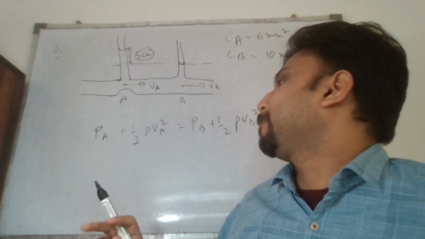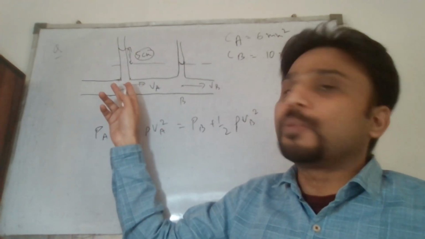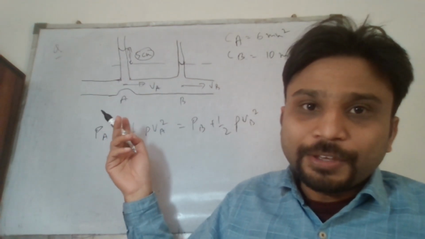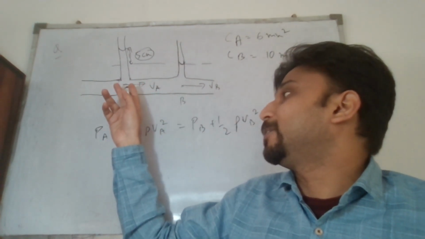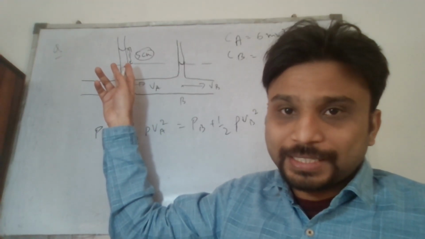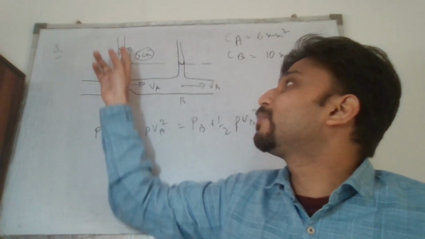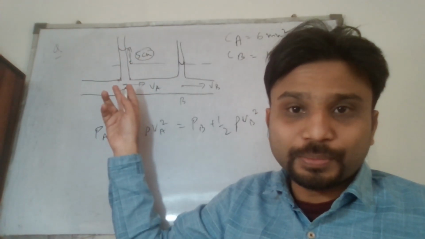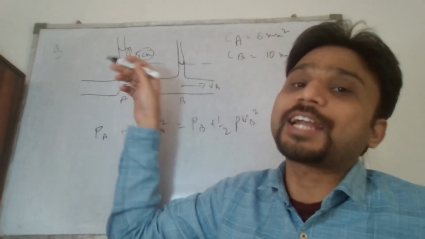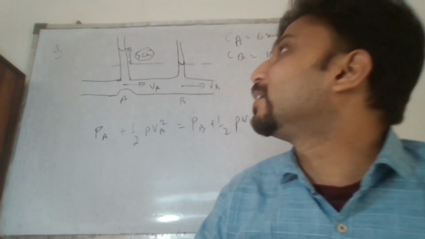So this is in opposition to what we have reasoned. We are saying that because there is a constriction here, the pressure at this point should be less. But as per the figure, the fluid height is more at this point. The pressure is coming out to be more. That means the figure which we have drawn is slightly inaccurate.